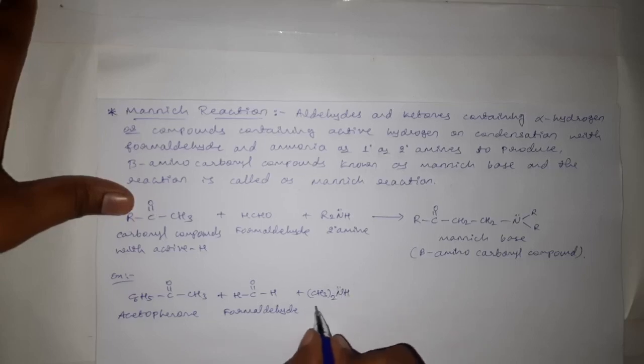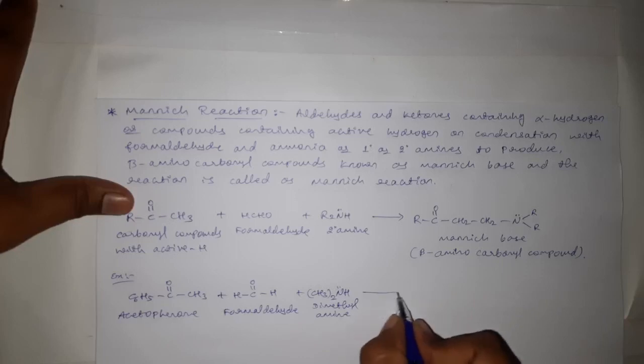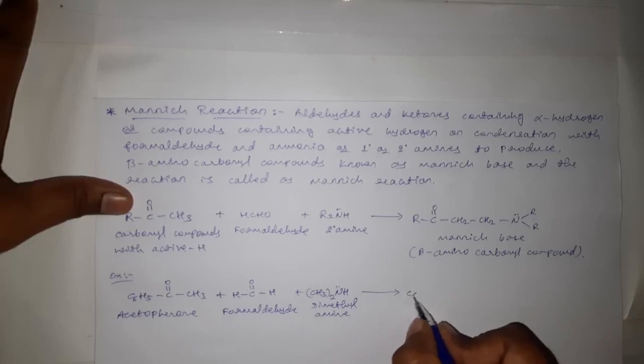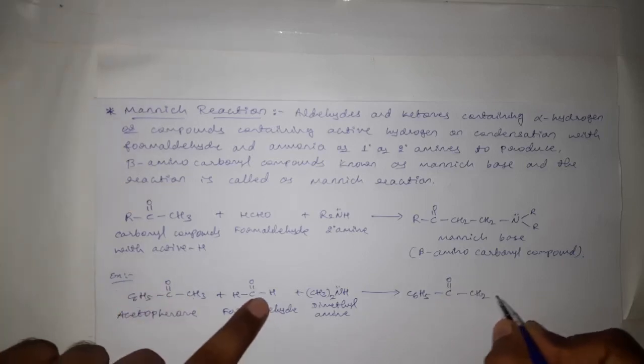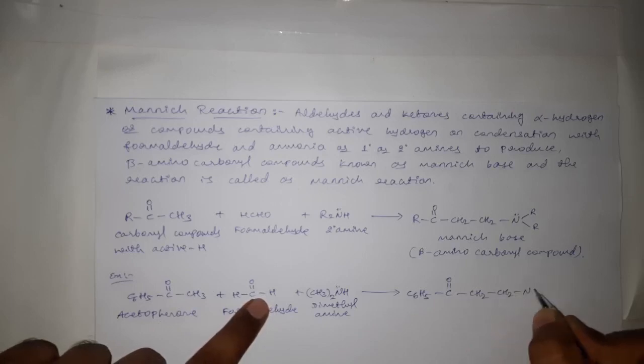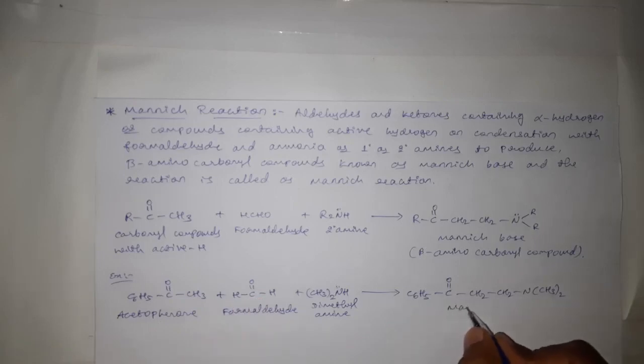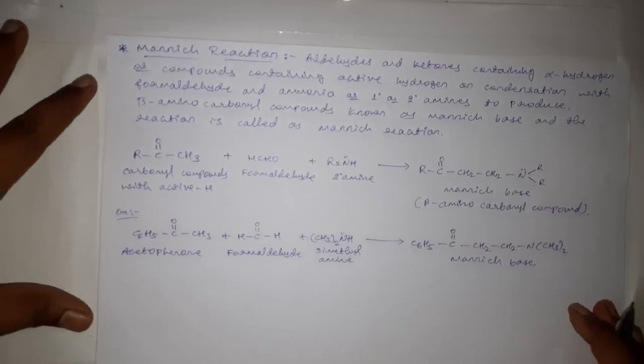This is dimethylamine, a secondary amine, and this carbonyl compound will now undergo condensation to give C6H5 C double bond O CH2 CH2 N(CH3)2. This is the Mannich reaction, and the formed product is called Mannich base. This is the best example for the Mannich reaction.